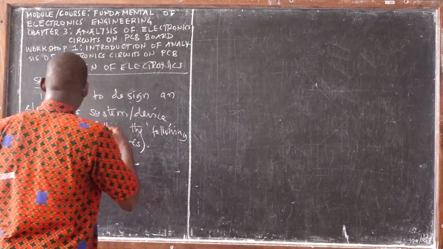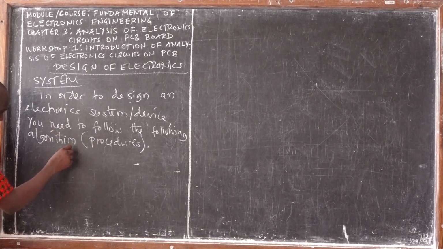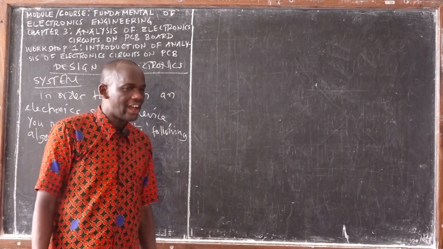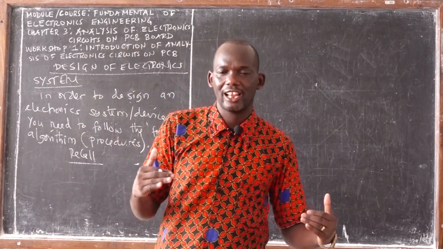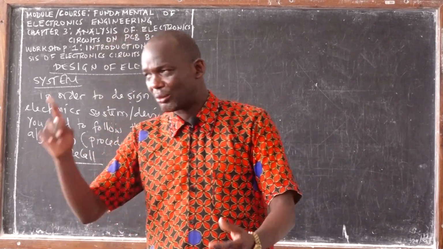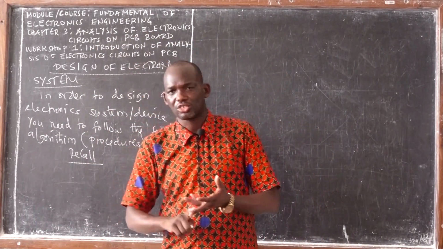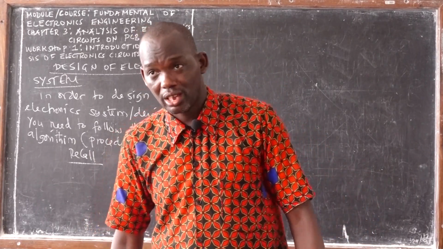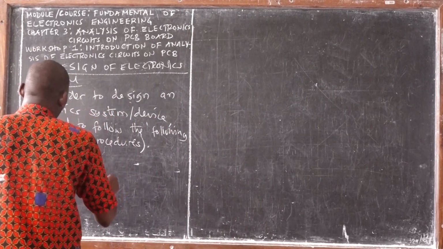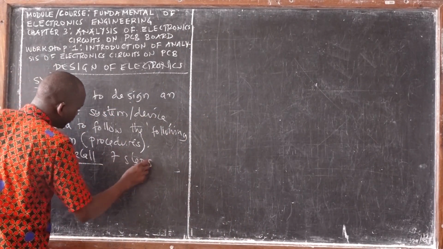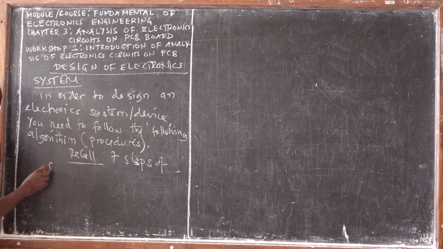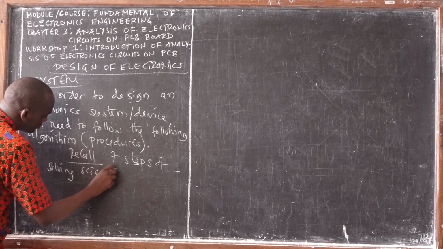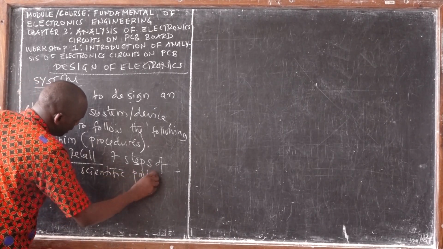Before I teach you these procedures that we follow in design, let me remind you, we taught you this concept during your secondary education in Form 1, in biology, physics, and chemistry: 7 steps that you have to follow in solving a scientific problem. Recall the 7 steps, because this is very important. Steps of solving a scientific problem.